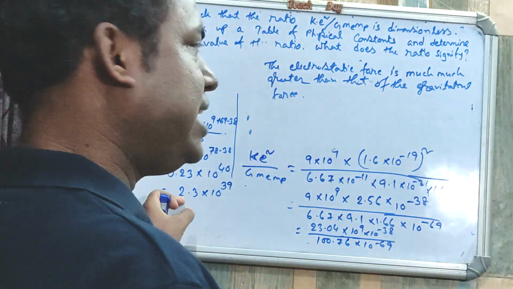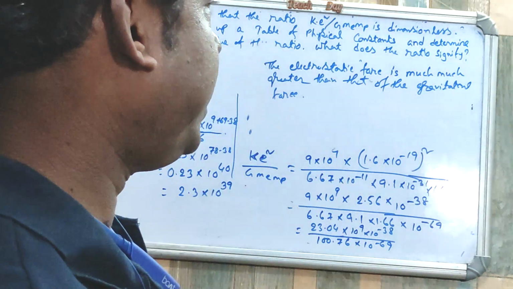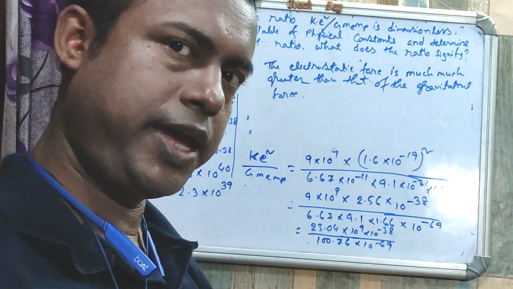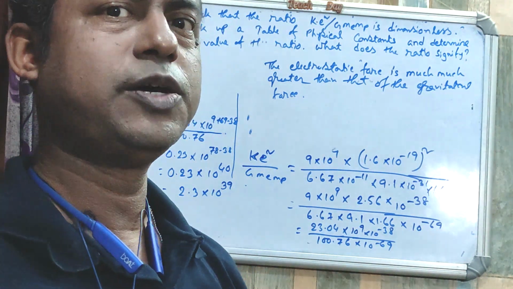Because the ratio is very large, that's why we can say that the electrostatic force is much greater than the gravitational force. Okay, so we move to the next problem.